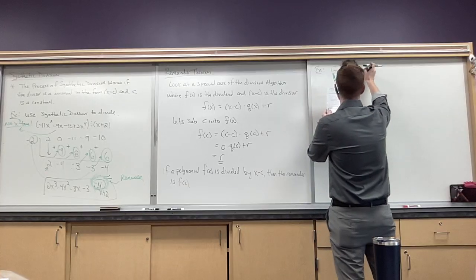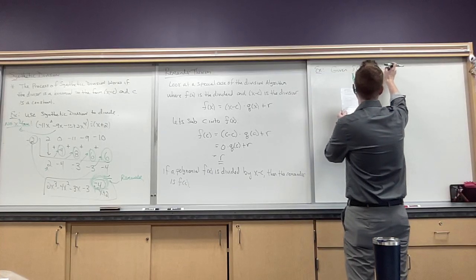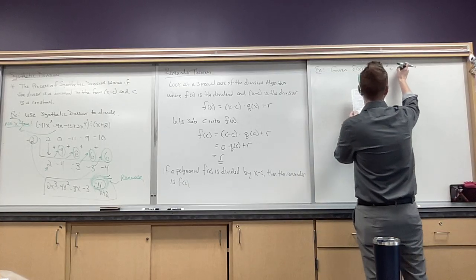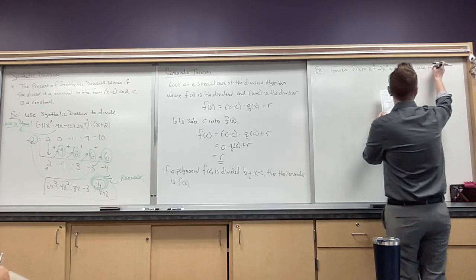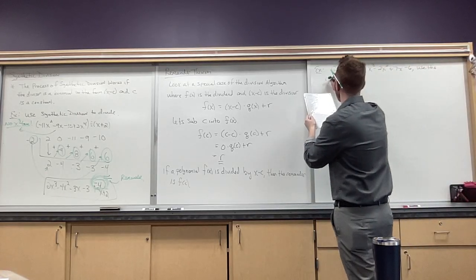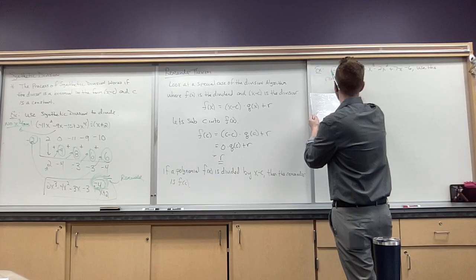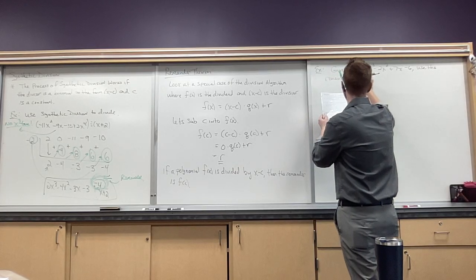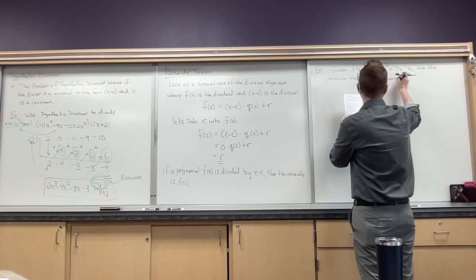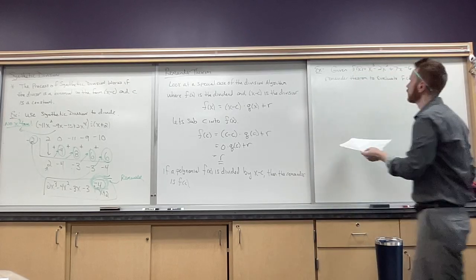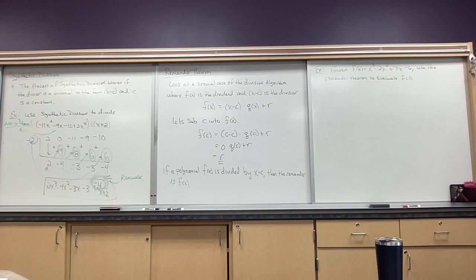Given that f of x equals x cubed minus 2x squared plus 7x minus 6, use the remainder theorem to evaluate f of 1. And again, we're going to use synthetic division to make it easier.